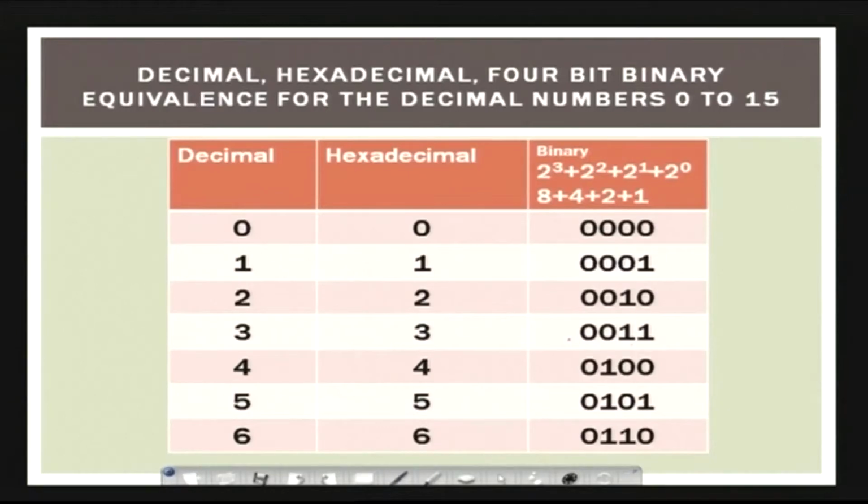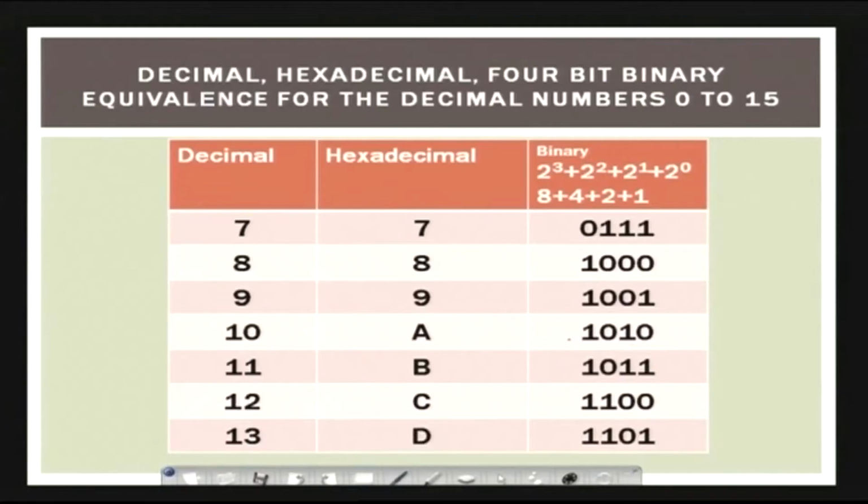As you can see, the table shows how a hexadecimal number can be represented in binary form. 0 is represented as the 4-bit binary number 0000. Any number should be represented only as a 4-bit number when it comes to binary. 1 is represented as 0001, similarly 2 as 0010 and so on.